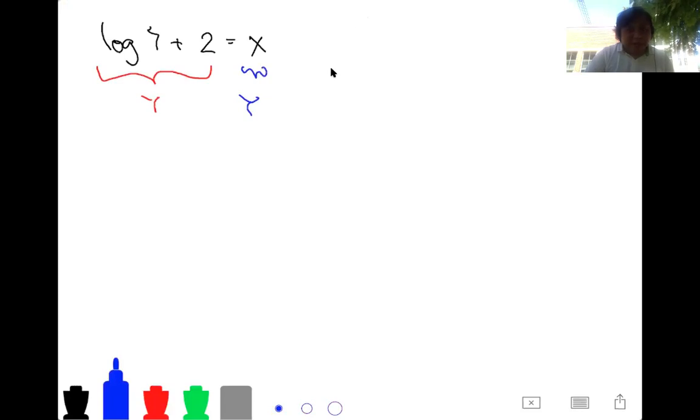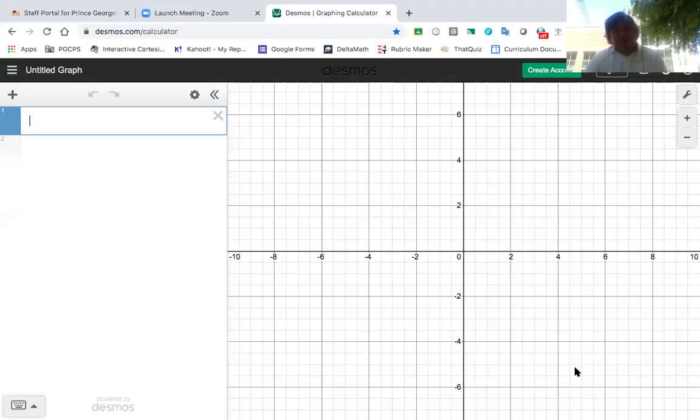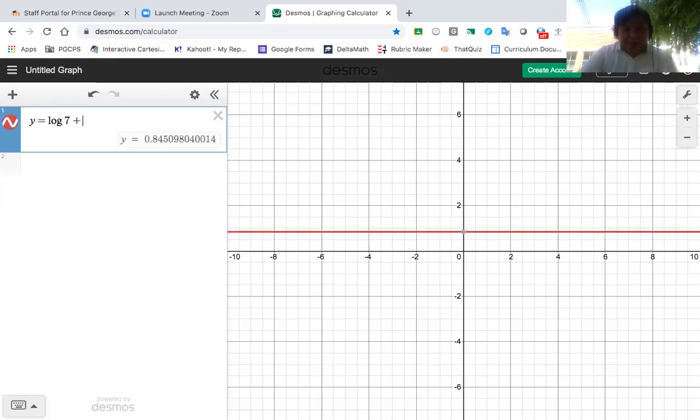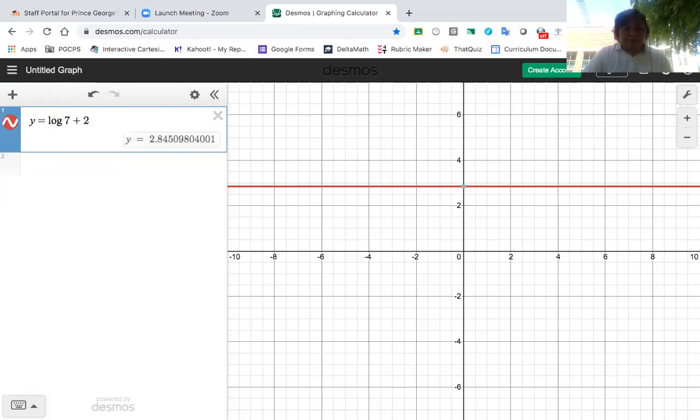So let's go back to Desmos. Okay, so first up, y would be equal to, so if you're using Desmos in your laptops, you can just type logarithm. So it's logarithm of 7 plus 2. All right. So that would be the graph of y is equal to logarithm 7 plus 2.